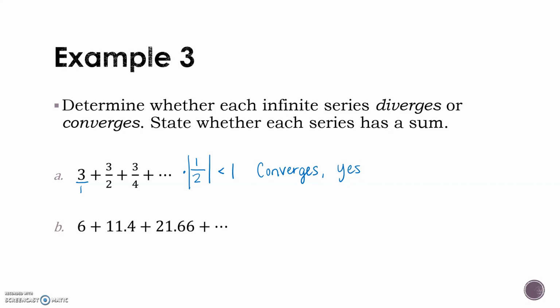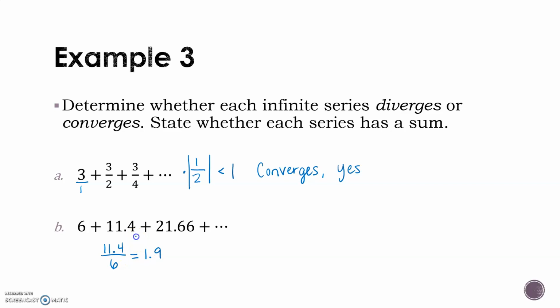For this one, it's still a geometric series, but we are going to look at what we are multiplying by every time. I don't know about you, off the top of my head, I don't know what I multiply 6 by to get 11.4. So I'm going to say, what's 11.4 divided by 6? And if I do that, I get 1.9.